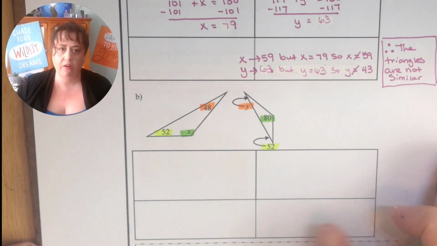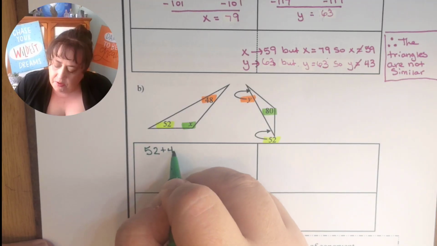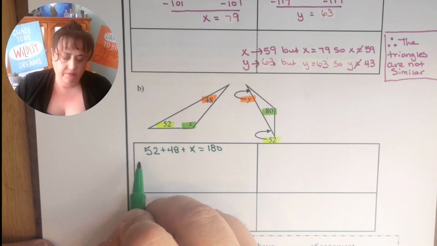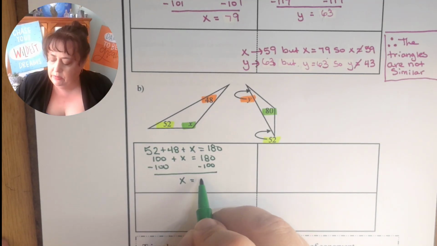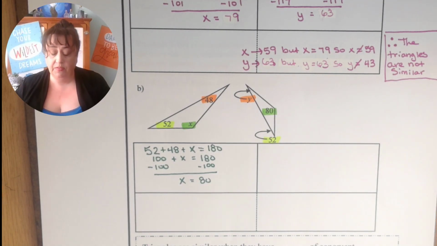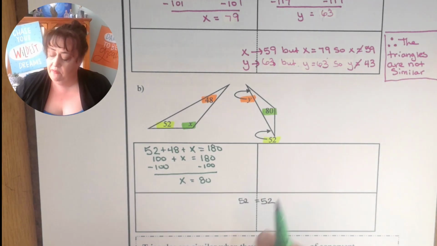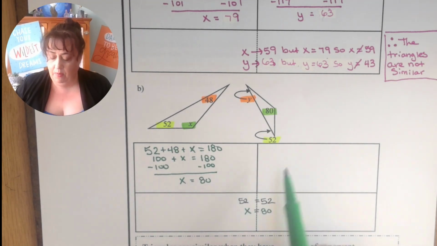So we're working on our X's. 52 and 48 and X equals 180. 52 and 48, 100. X is equal to 80. So far, so good. So we had 52 equal to 52. That's good. We now have X is equal to 80, this one and that one.